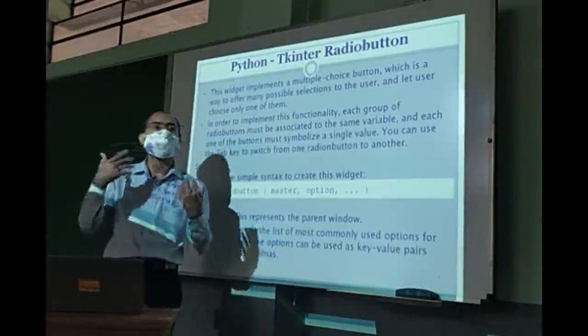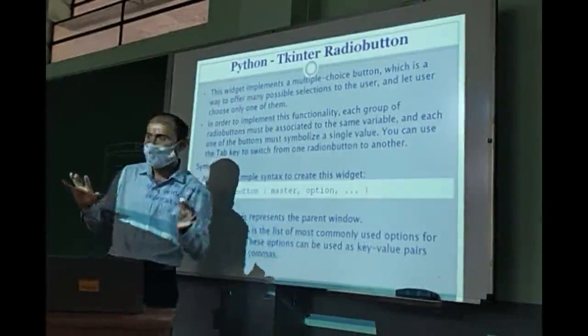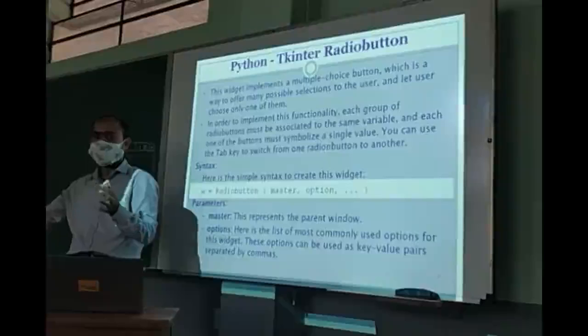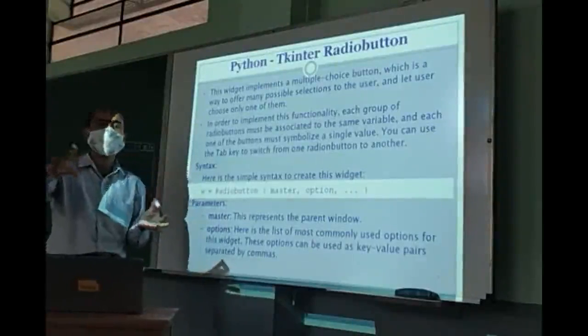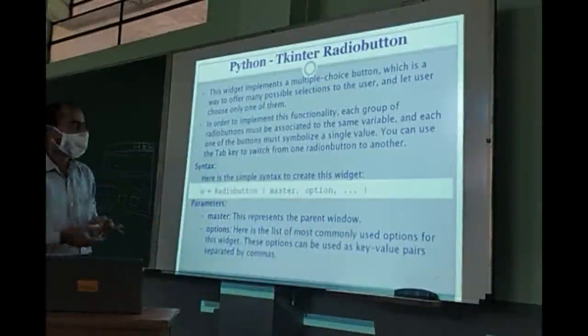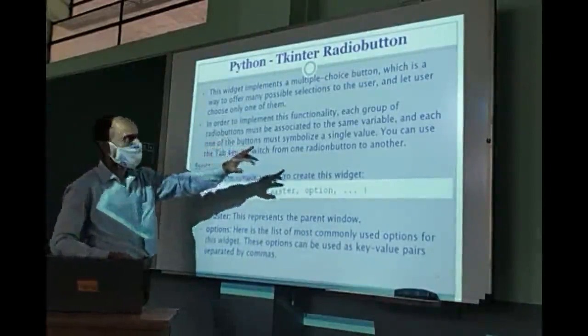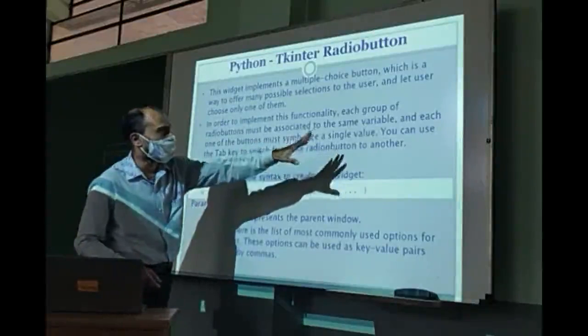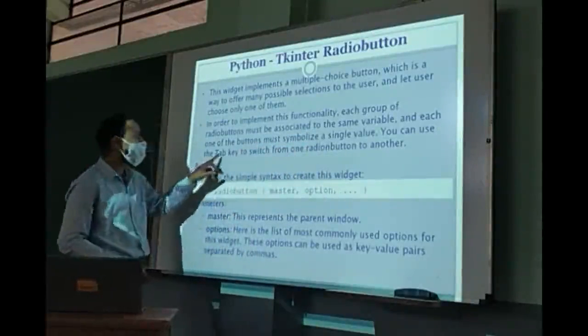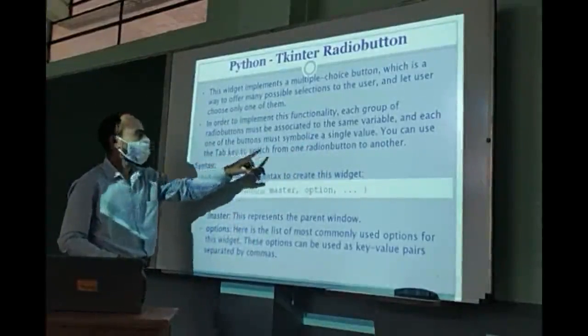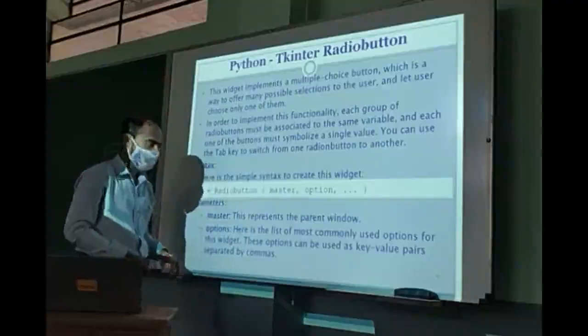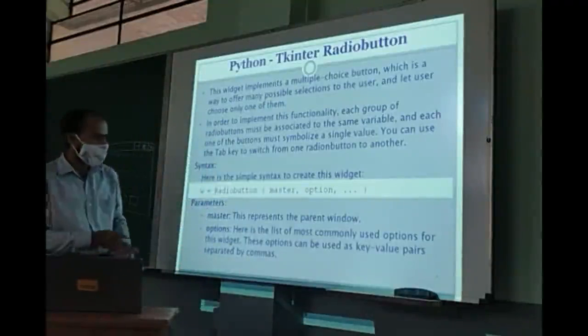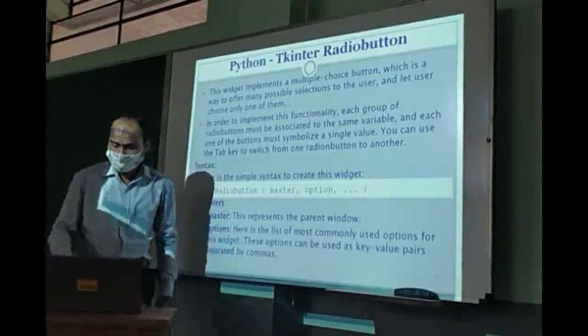Otherwise, you can select multiple radio buttons. If you want that when you select one button, the others are deselected, then all of them should have a single variable. Okay, that we will see in the example. And each of the buttons must symbolize a single value. You can use the tab key to switch from one radio button to another. Okay, syntax remains the same, only the class changes.